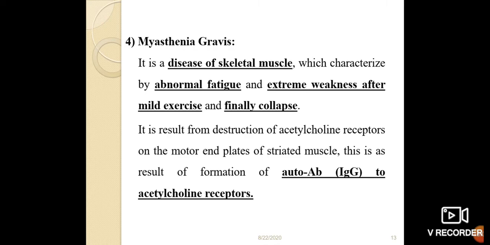Myasthenia gravis is another autoimmune disease, and this is a disease of the skeletal muscle characterized by abnormal fatigue, extreme weakness after mild exercise, and ends with finally collapse. It results from destruction of acetylcholine receptors due to binding of autoantibody with the acetylcholine receptors, which hinders the transmission of the neural signal.